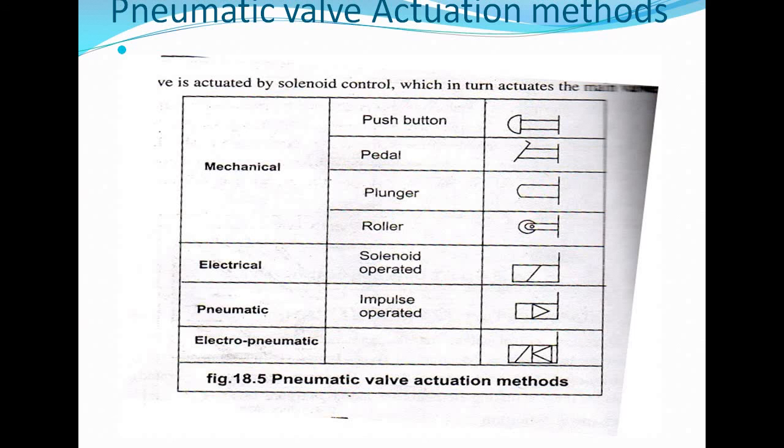And finally there is the electro-pneumatic way by which we can operate the valve or actuate the cylinder. So these are the 4 ways, that is mechanical, electrical, pneumatic and electro-pneumatic. By using these 4 ways we can actuate the cylinder.